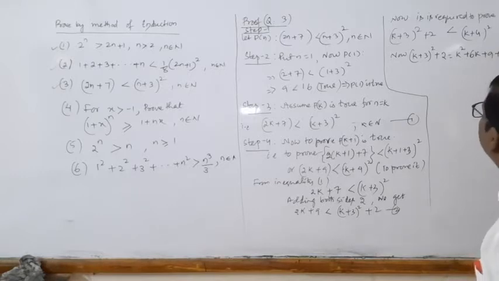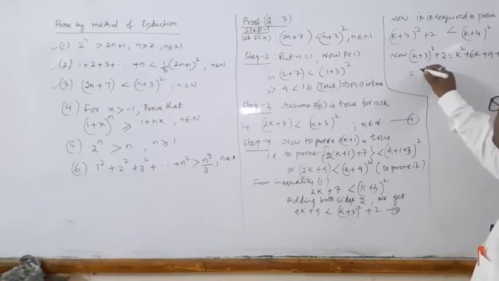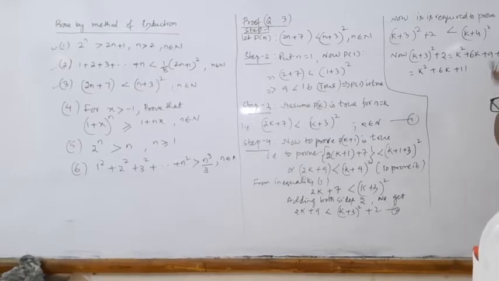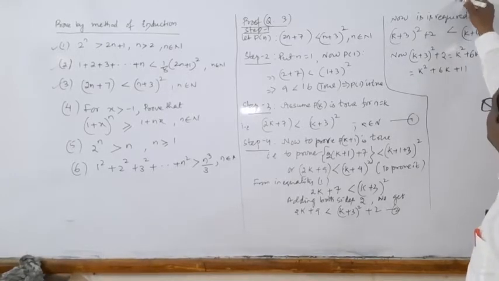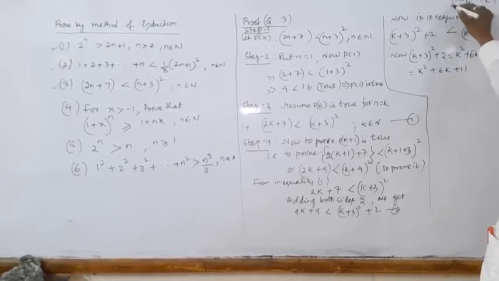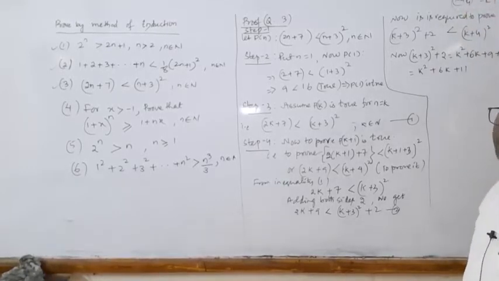So this is equal to k square plus 6k plus 11. Now (k plus 4) whole square is k square plus 8k plus 16.